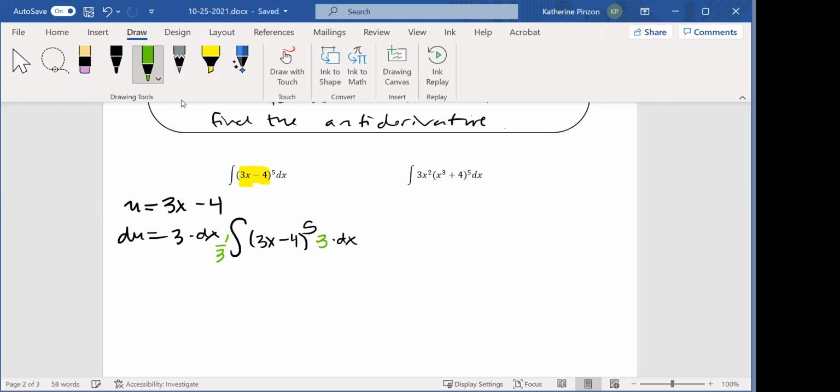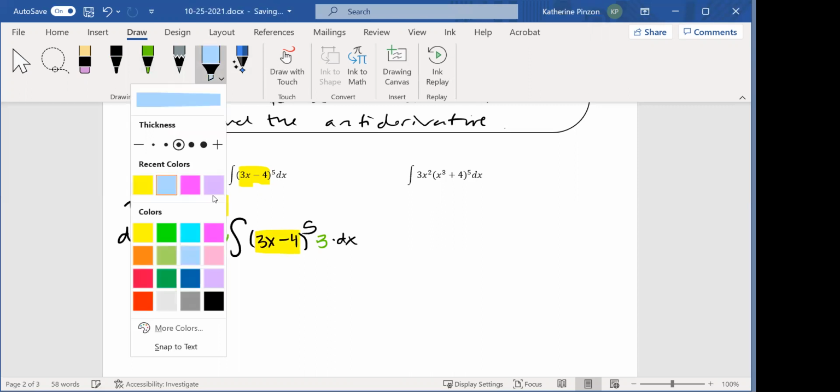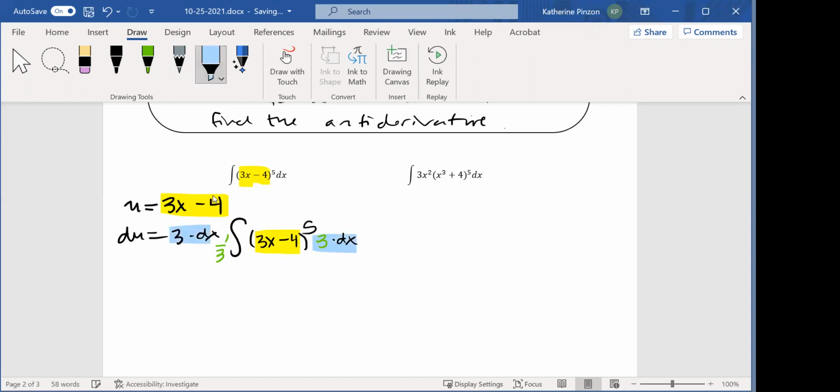But now I have u to the 5th times du. So now my integral looks like u to the 5th times du. So 1/3, because it's in the front, u to the 5th du. Can you take the antiderivative of that?